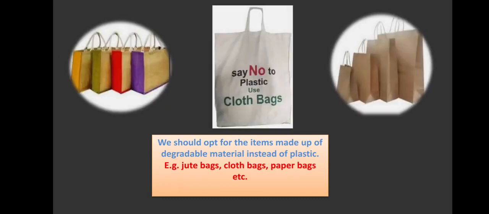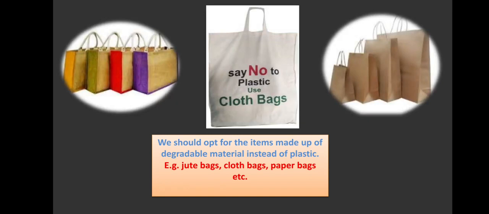Example, jute bag, cloth bag, paper bag, etc. You might have seen in recent years, we are trying to shift from plastic bags to jute or cloth or paper bags. Yes? Because it's high time we do something to protect our nature and environment from the pollution and the global warming.